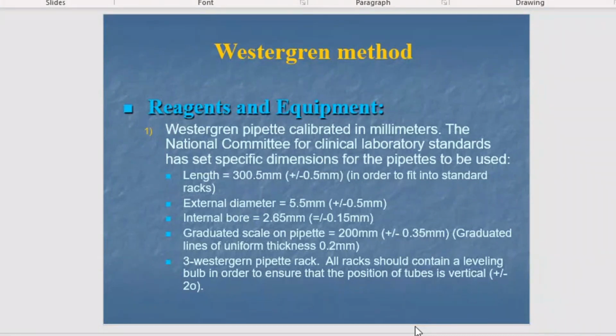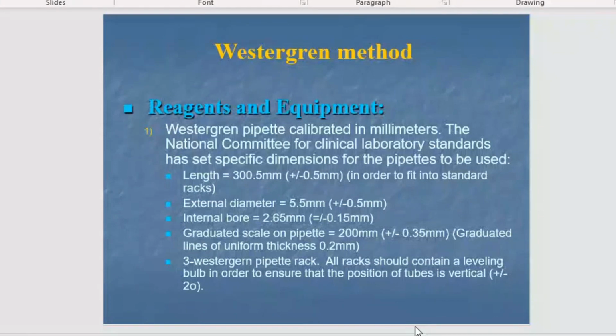Then the graduated scale on the pipette. A pipette itself has the graduated scale. So 200 millimeters, plus or minus 0.35 millimeters, and graduated lines of uniform thickness, which is 0.2 millimeters, will be coated on the tube.